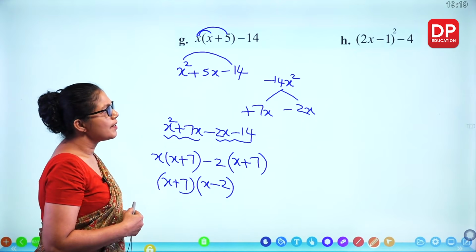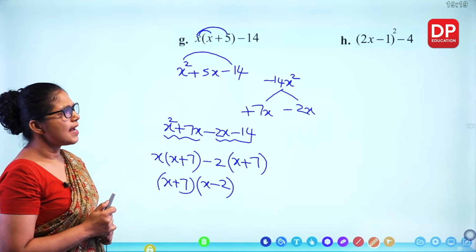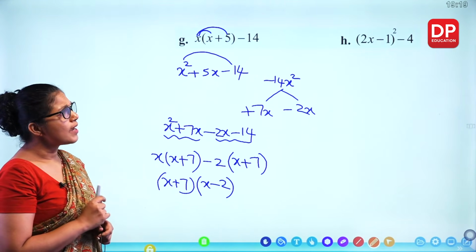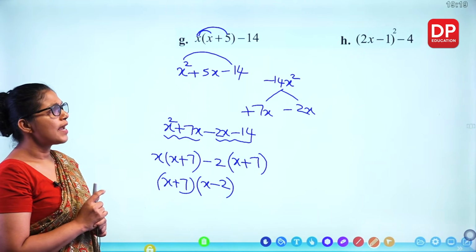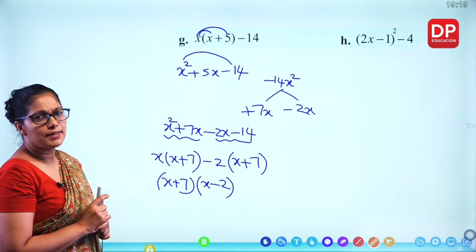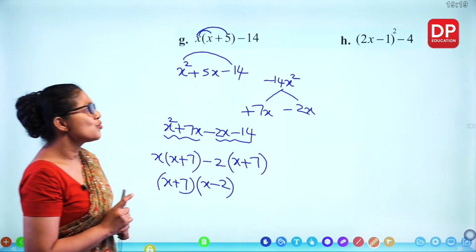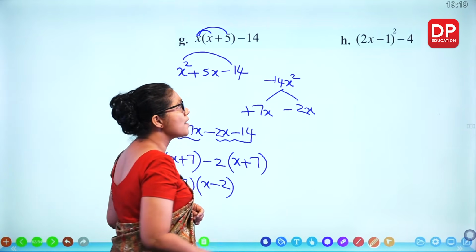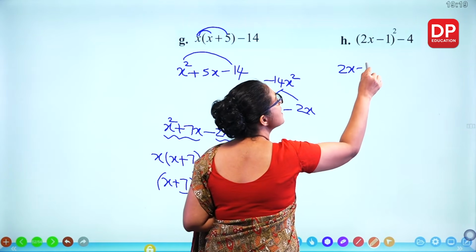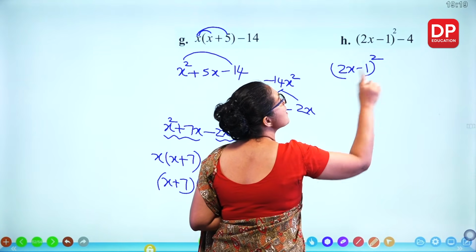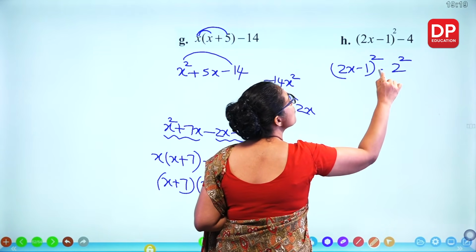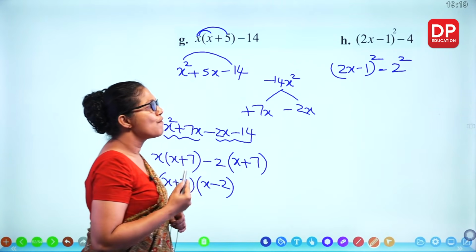Now look at this one. Square term is there and 2 terms. So here look at the second term. You can write as square number. So that means this is definitely difference between two square terms. So what you can write first? You can write this one square term minus 2 squared because 2 squared is 4.